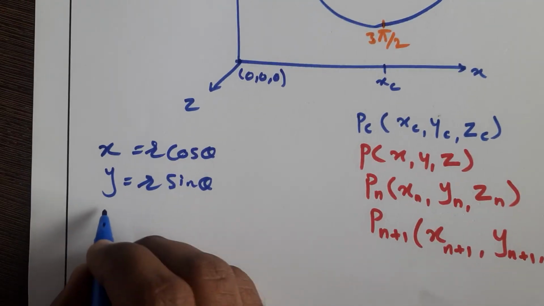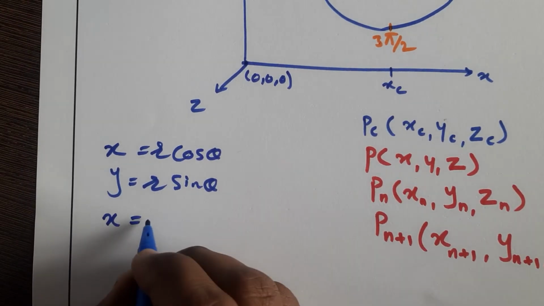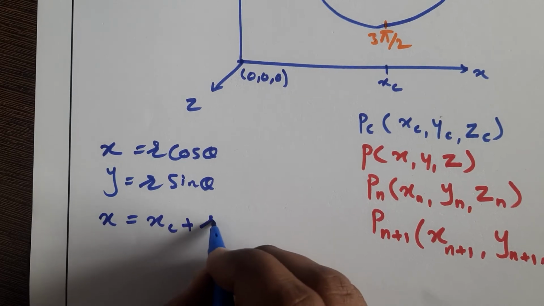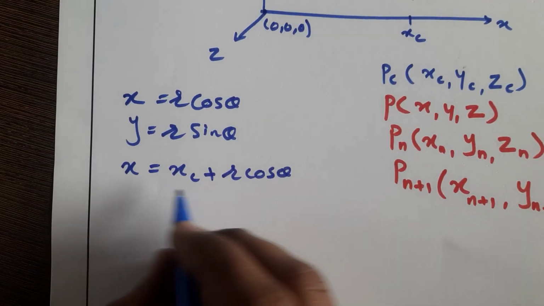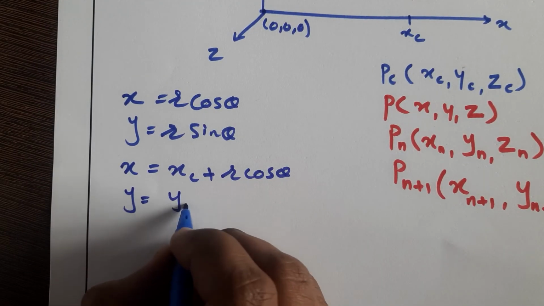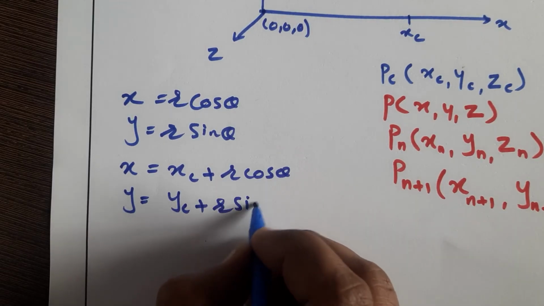So in this case x is equal to xc plus r cos theta, y is equal to yc plus r sin theta.